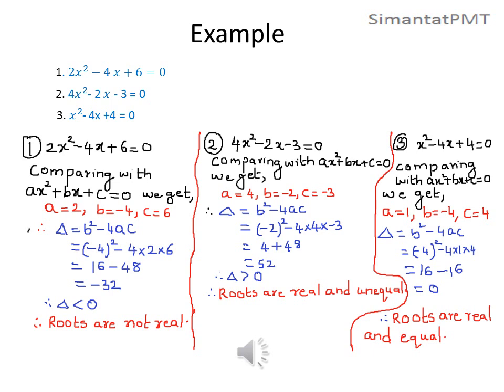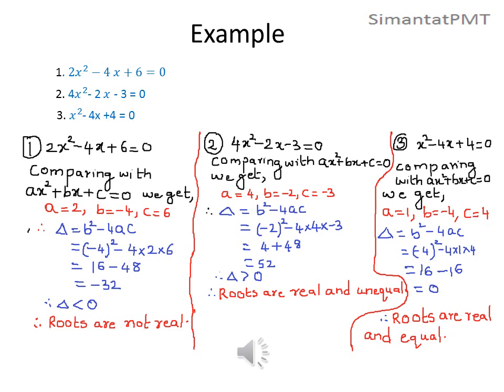So, delta equal to b square minus 4ac, minus 4 the whole square minus 4 into 2 into 6 equal to 16 minus 48, which is equal to minus 32. Therefore, delta is less than 0. So roots are not real.